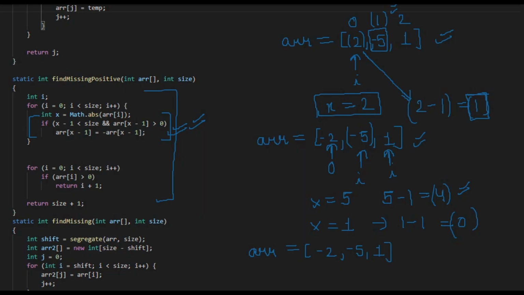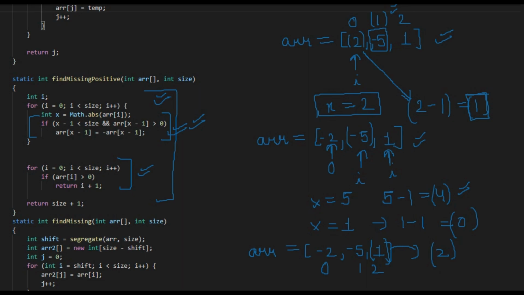Okay. Now this loop is over. Now we'll move to the next loop. As we have discussed before as well, this loop will find the first positive value and return its index. So we have 0, 1, 2 indexes, and we have found that at the second index the value is positive for the first time.